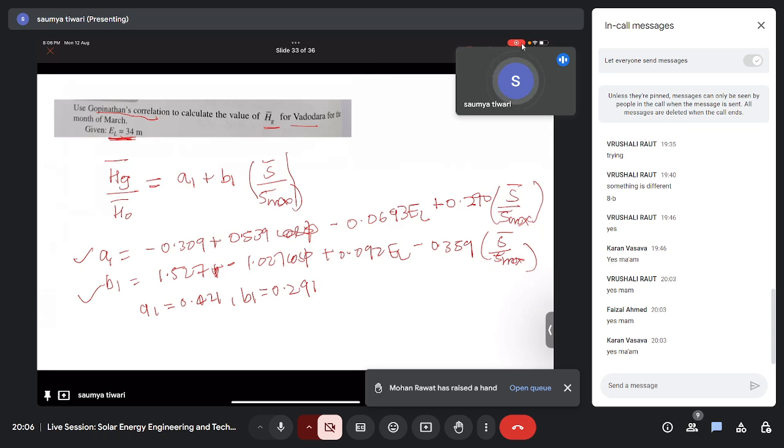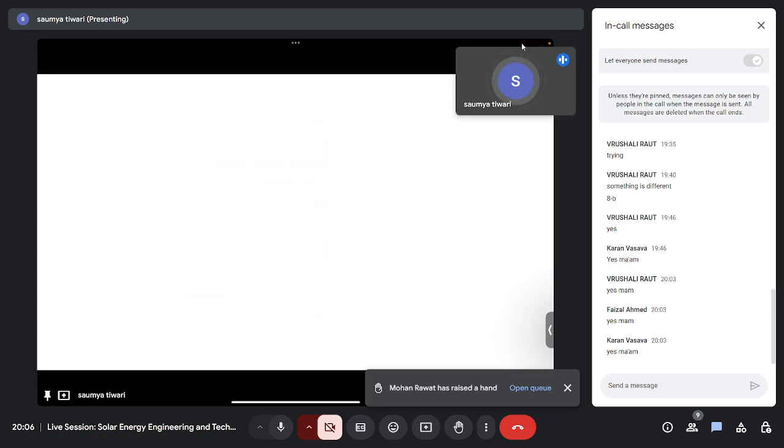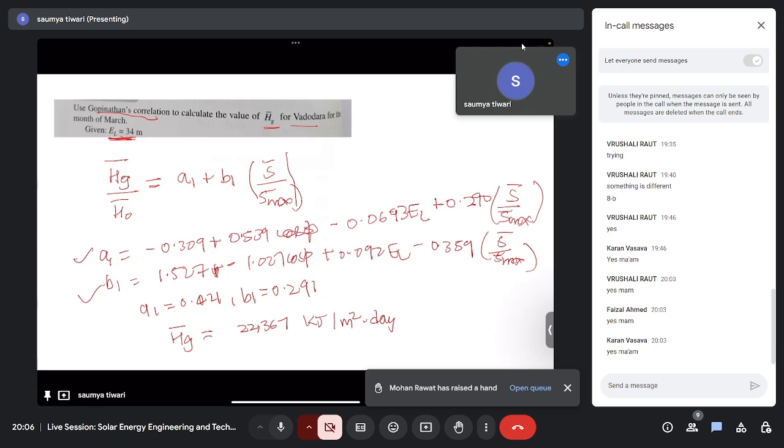Then you can put them back into the equation, and the Hg bar you get is 22367 kilojoule per meter square per day. If we compare these two values, the first we got was 22718, and from this equation we are getting 22367.